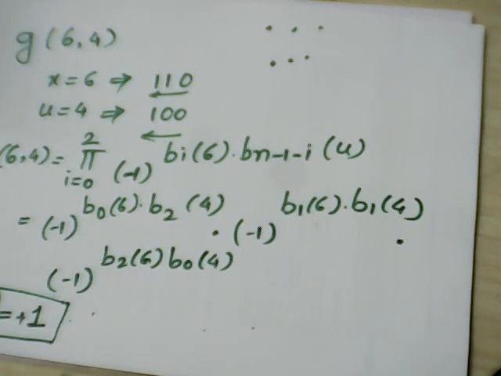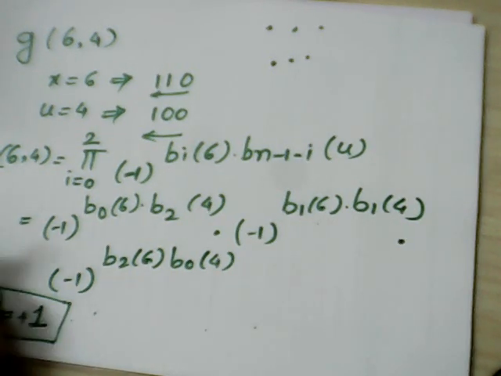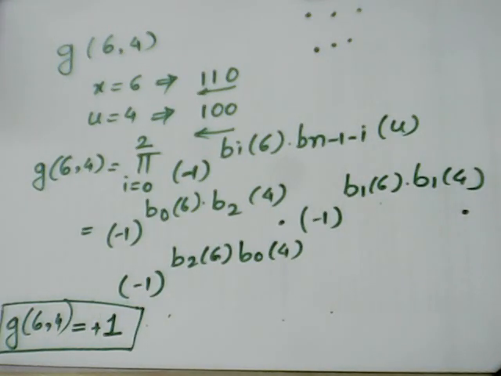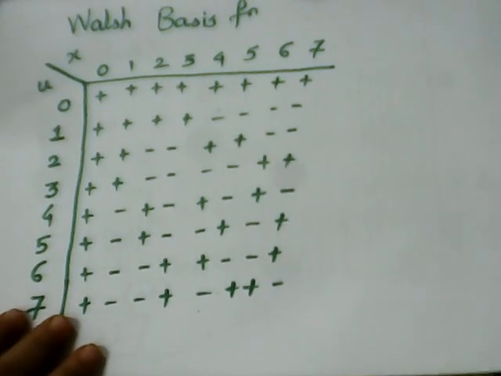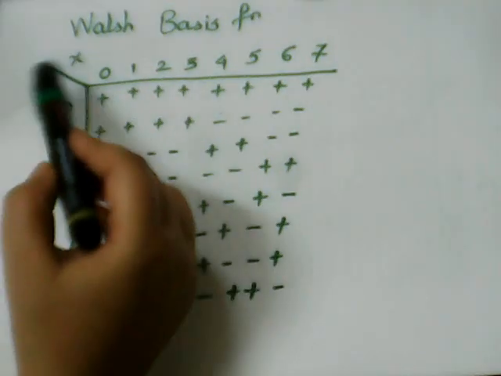You can take as homework the calculation of these basis function values for g of 3 comma 5, g of 2 comma 7, and so on. If you want to completely see what the basis function of the Walsh transform looks like, this is the 8 by 8 Walsh basis function g of x comma u.